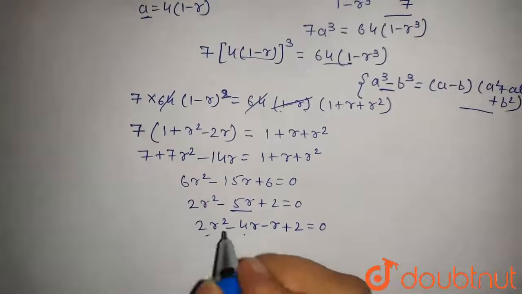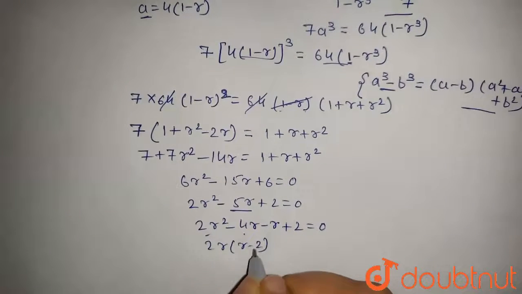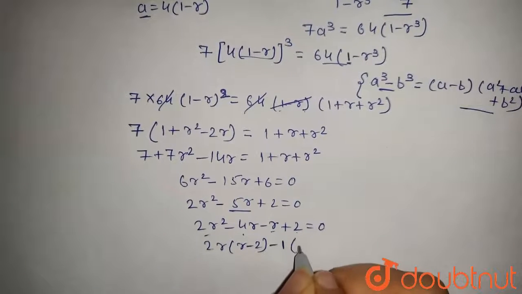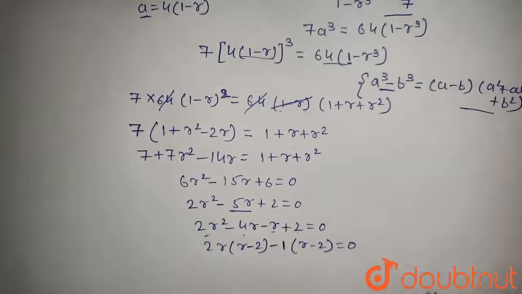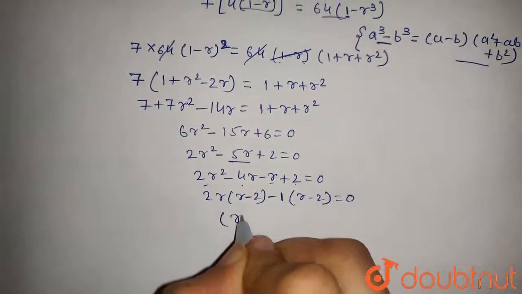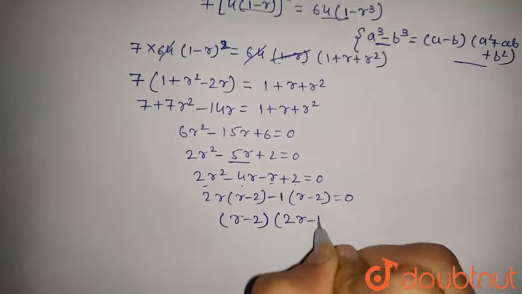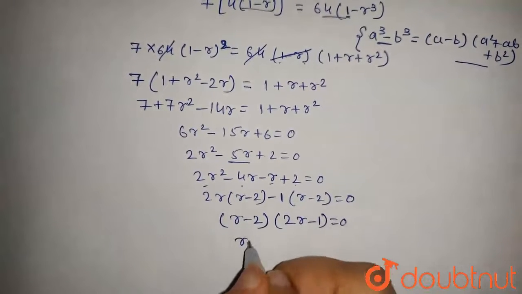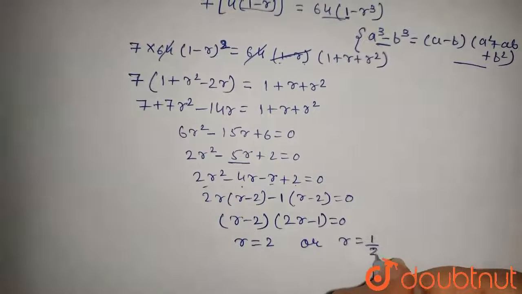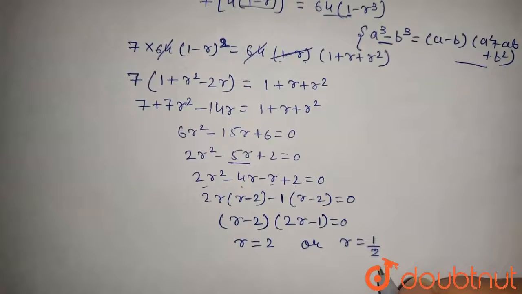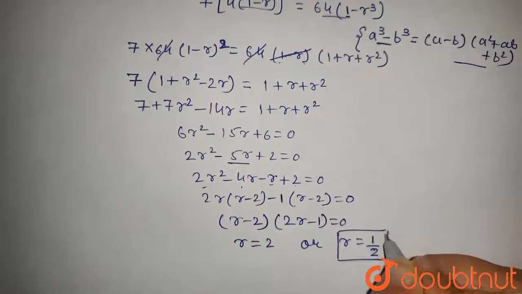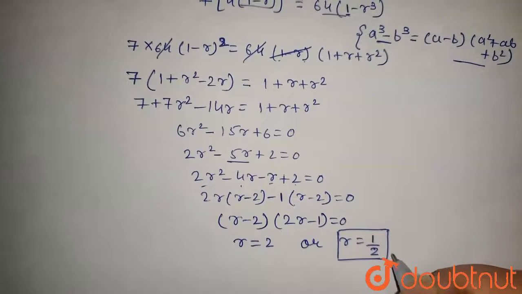Taking 2r common from the first two terms, we get 2r into (r minus 2), and taking minus 1 common from the rest, we get minus 1 into (r minus 2) equals 0. Now taking (r minus 2) common, we get (r minus 2)(2r minus 1) equals 0. From this we get the value of r as r is equal to 2, or r is equal to 1 by 2. Now as given in the question that it is a decreasing GP, so the value of r will be 1 by 2.